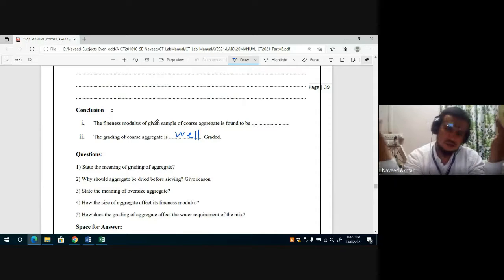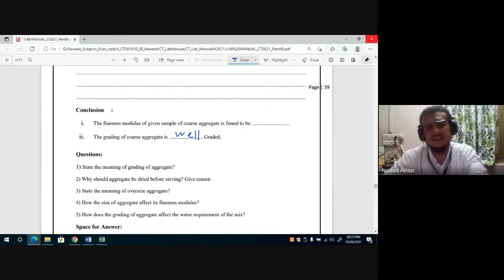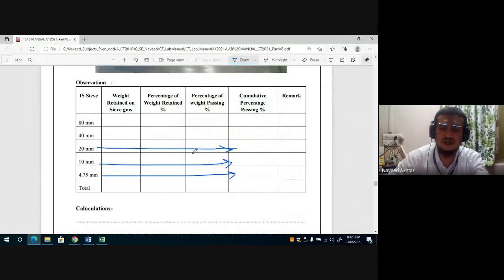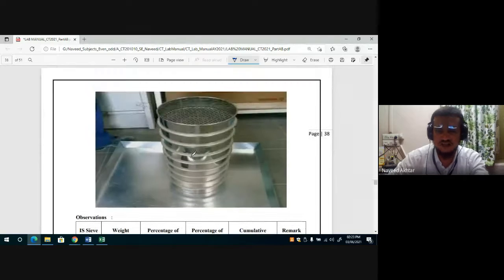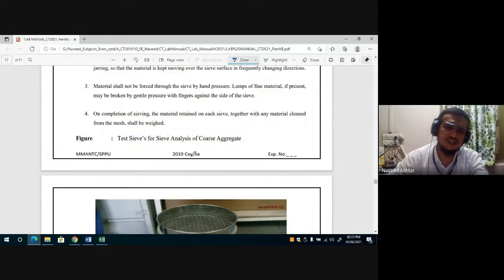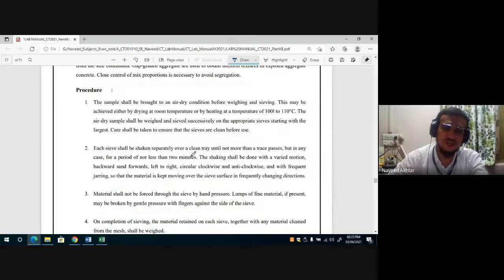Or if single size aggregate is available, then it is said to be a non-graded aggregate. So that's why the grading of aggregates is very important to fill the voids in the concrete. And if well compacted concrete is there, the strength will be good enough.